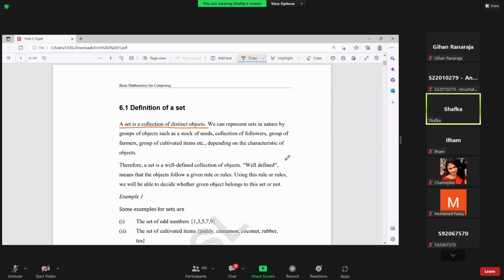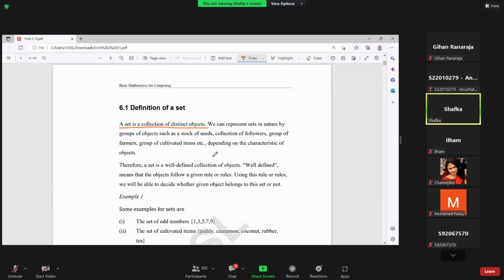Okay, whatever it is, we can represent a set in 3 ways. So here we can represent sets in nature by groups of objects such as a stock of seeds, collection of flowers, group of farmers, group of cultivated items, etc. Okay, it depends on the characteristic of the object.